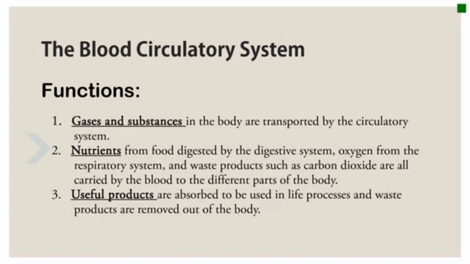Nutrients from food digested by the digestive system, oxygen from the respiratory system, and waste products such as carbon dioxide are all carried by the blood to the different parts of the body. And 3. Useful products are absorbed to be used in life processes and waste products are removed out of the body. These happen because of the blood circulatory system.